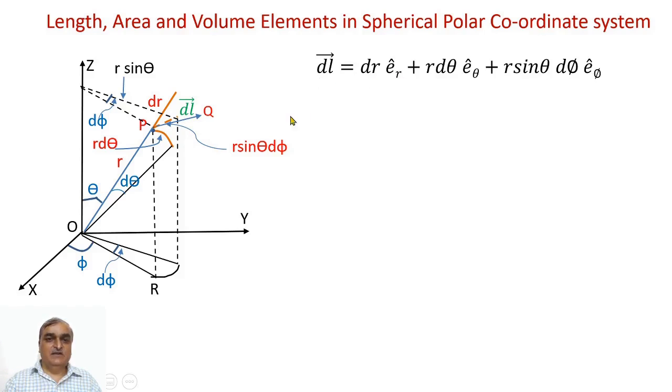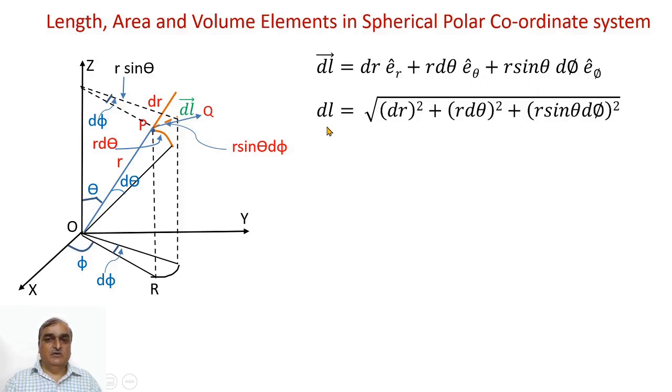This is the displacement along the r curve. r d theta into e theta cap is the component of dl bar along the theta curve, and r sin theta d phi into e phi cap is the component along the phi curve. This way, we have three components: along the r curve, along the theta curve, and along the phi curve.